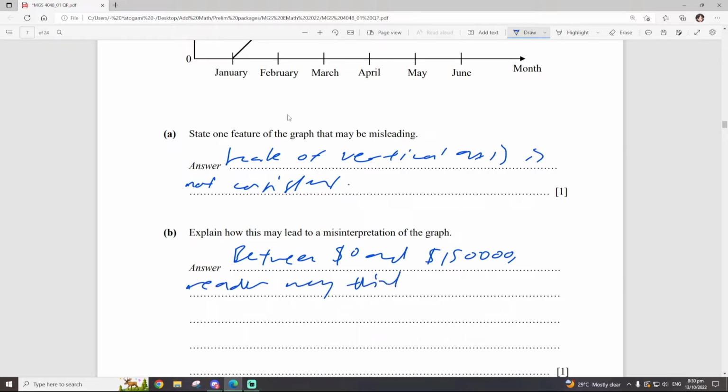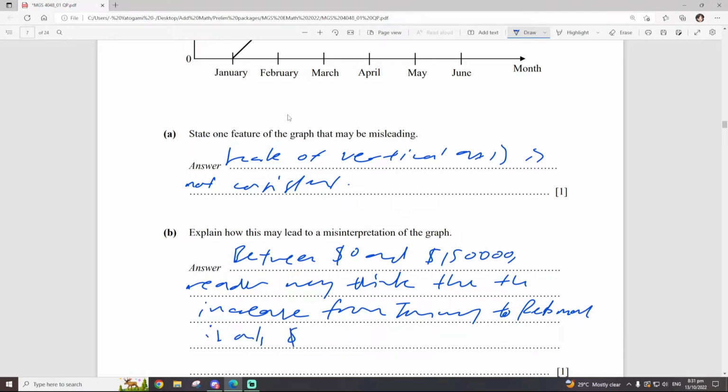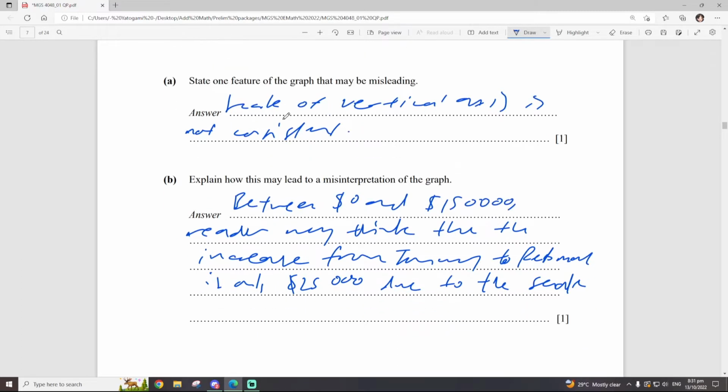May think that the increase from January to February is only 25,000 due to the scale of the remaining part of the graph, right?